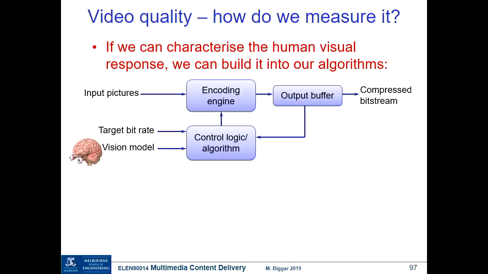So we've got this target bit rate that we want to achieve, or maybe we allow it to go variable, but we've got a vision model that takes account of the psychovisual system of the brain, and if we could determine what would be visible in terms of distortion, then that is what we would use to control what parts of the picture are distorted when we want to save bits. In principle, that makes sense.